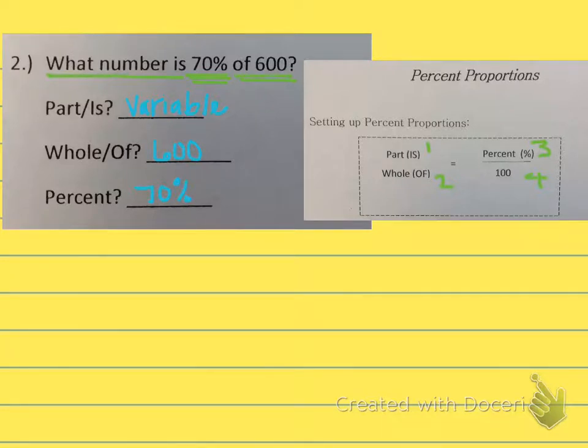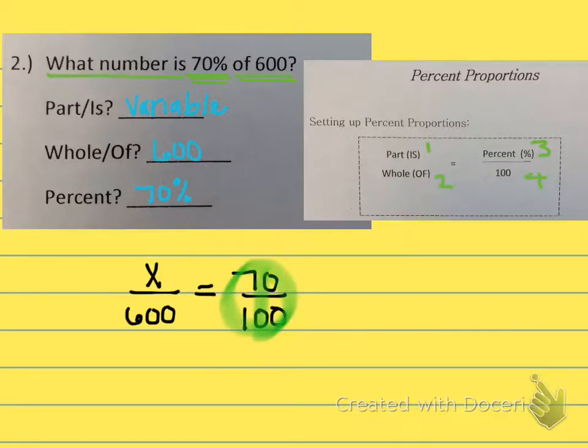So the first thing we're going to put is our part, which is an x, over our whole or of, which is 600, equals 70%, which is the same thing as 70 over 100. So we could do those two things. We can simplify this ratio, or if I can get it straight across, I can do that. And I can say 100 times 6 equals 600.